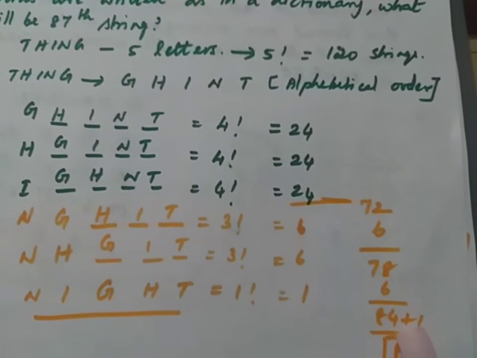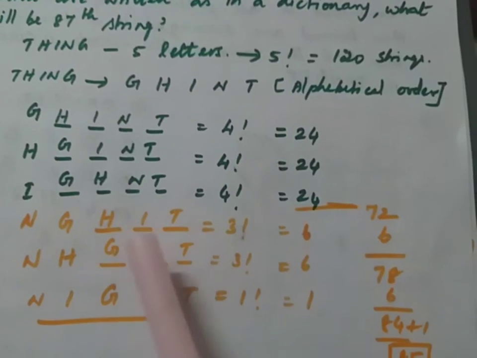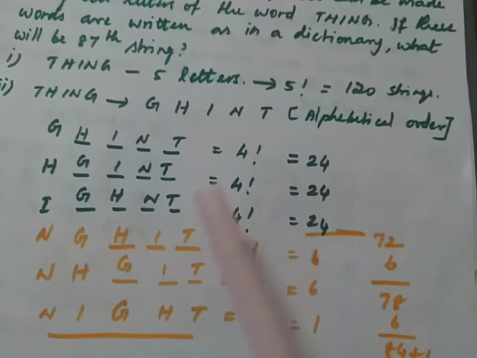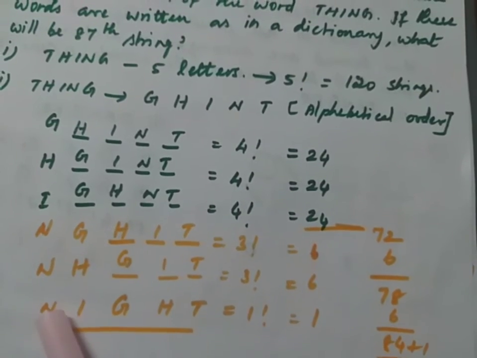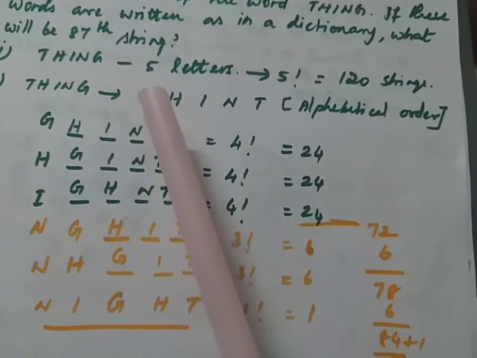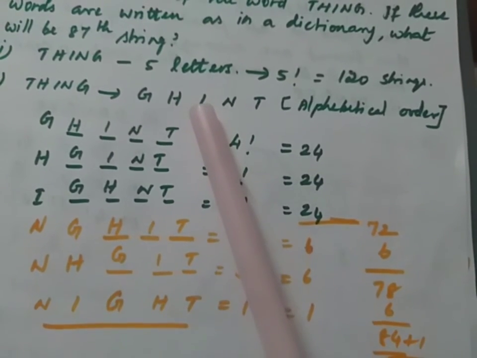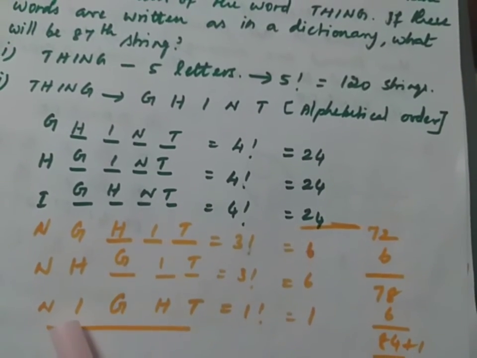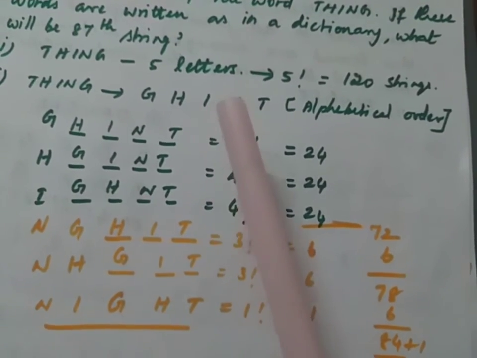We have one more string there, so we want to write the next one also. Now the next one is N. Along with this N, write N here. What's the next letter we have to put? First we put G and then H. Now I. So we have to put I here. Except this N and I, what are the remaining letters?